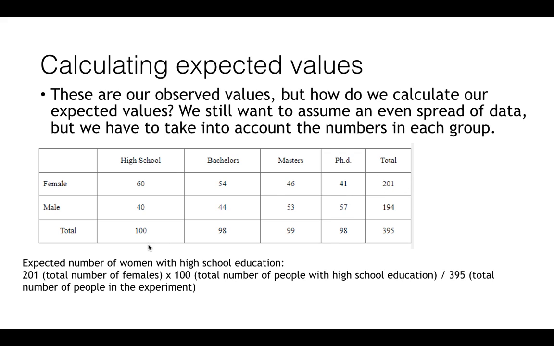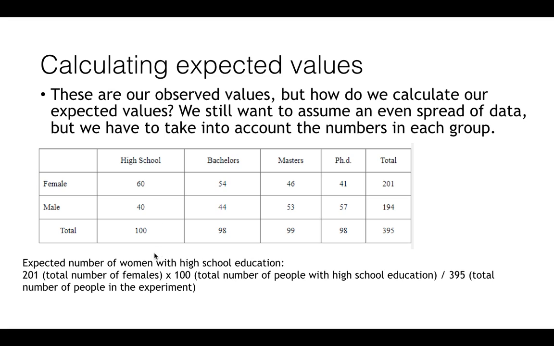I also have a different number of high school educated, bachelor's educated, master's educated, and PhD educated people. So again, I can't just evenly spread these numbers like we were before. I can't take that 395 and say, right, I need to spread it evenly between these 8 boxes. It's not going to work that way.